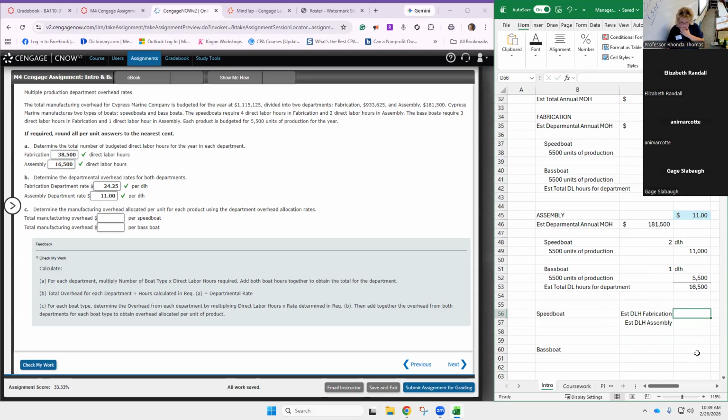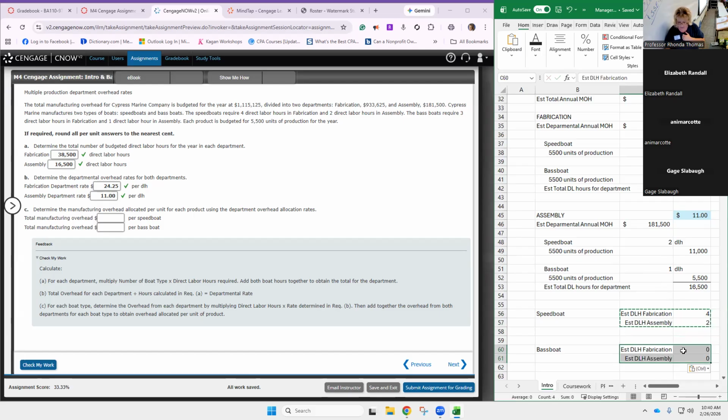So this is going to be 4, and this is going to be 2, to assemble it. Okay, and then we'll do that for the bass boat too.